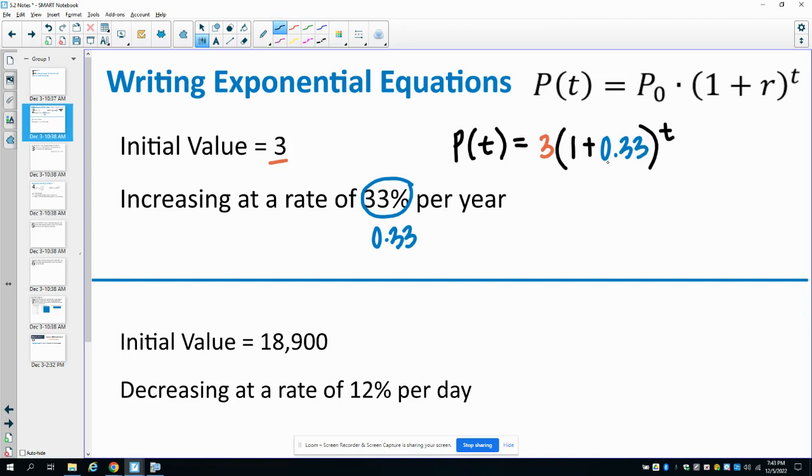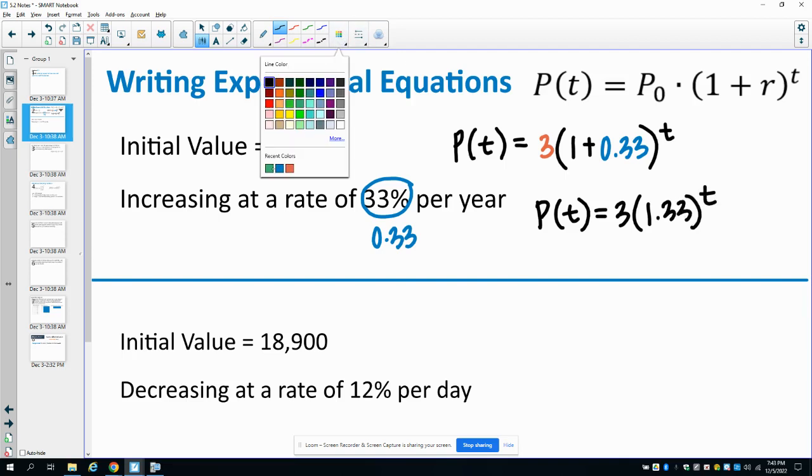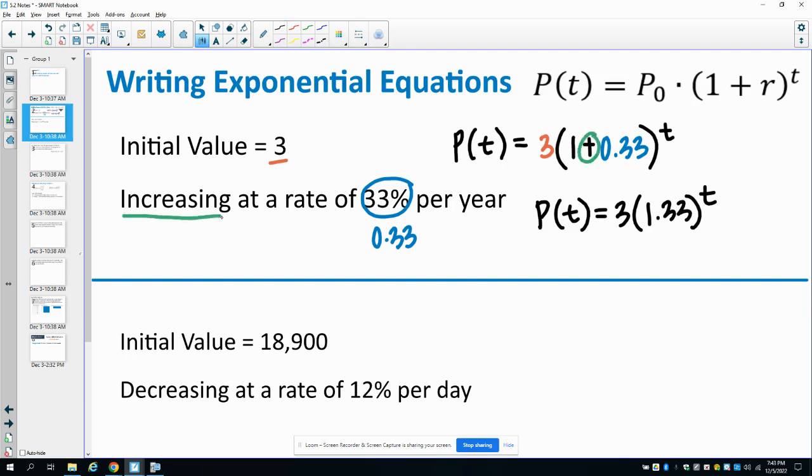Now you can simplify the inner part of the parentheses. We won't be able to bring the 3 in since we've got this exponent. So we've got 3 times 1 plus 0.33, which gives 1.33 to the t. And remember, this one was adding because we had an increasing rate.